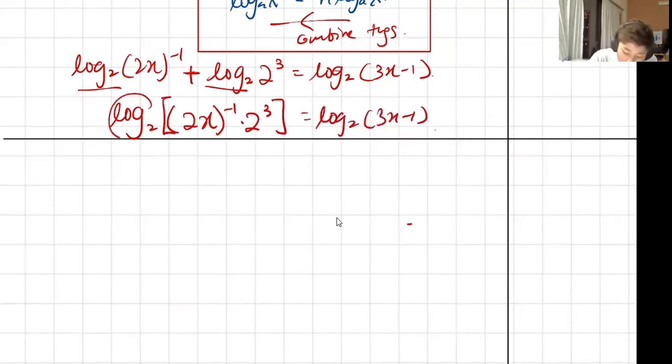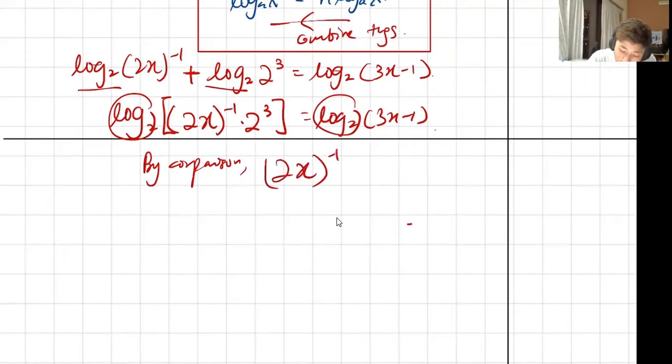Now you have one log base 2 on the left, one log base 2 on the right, and no other things on the left and right. So now you can neatly compare. By comparison, the left will be 2x to the power of -1 times 2 to the power of 3 equals 3x minus 1. You compare, okay?